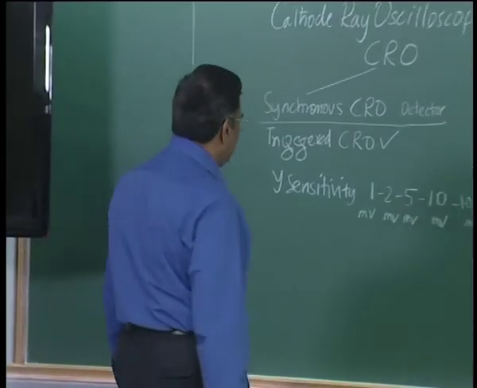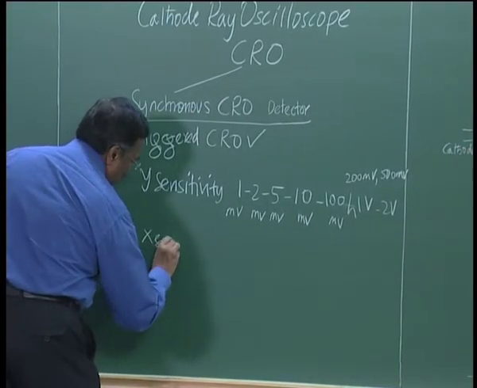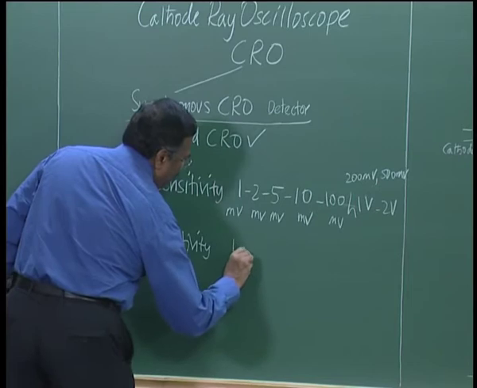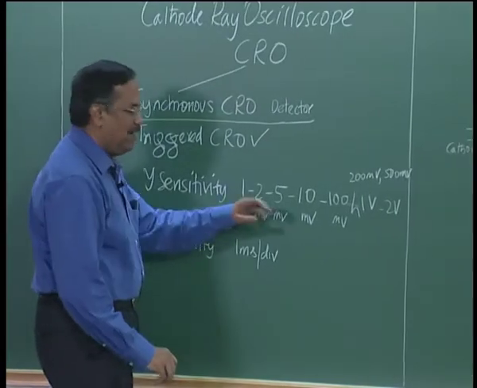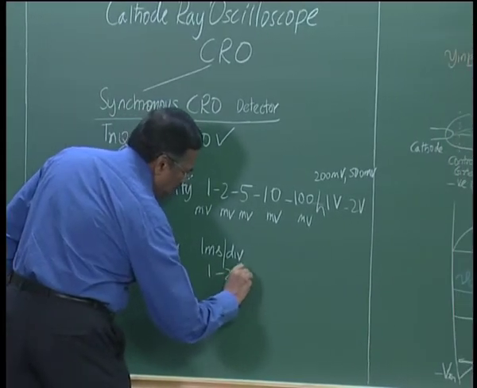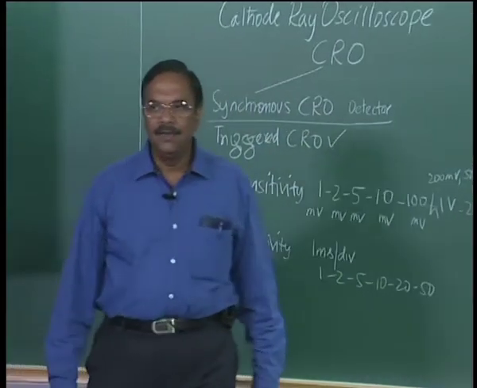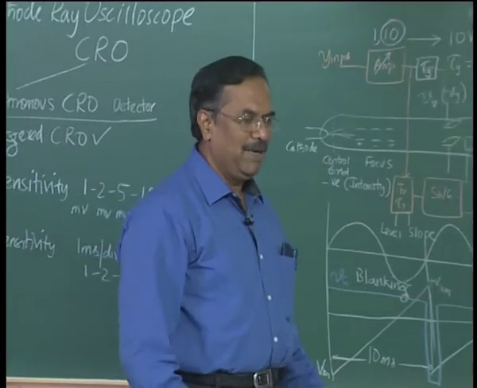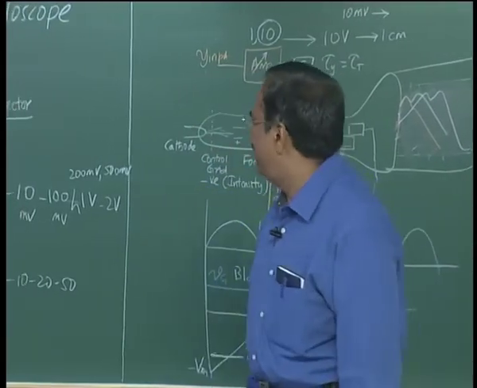The X sensitivity is given in terms of seconds per division. This again is a 1 to 5 sequence. It could be starting at 100 microseconds per centimeter or per division, 200 microseconds, 500 microseconds, 1 millisecond, 2 milliseconds, 5 milliseconds and so on.